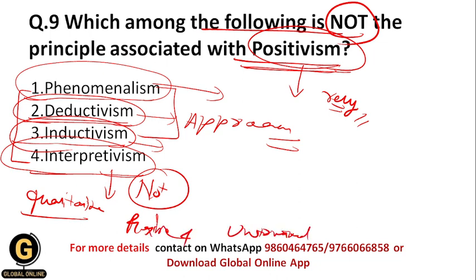But in positivism the research design is not flexible, and it is structured. Okay, that's why here the correct answer is 4, that is interpretivism, because interpretivism is the principle which is not associated with positivism.